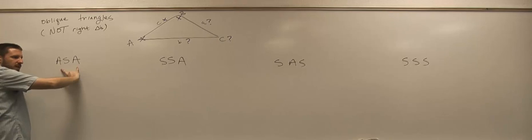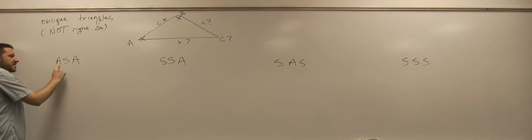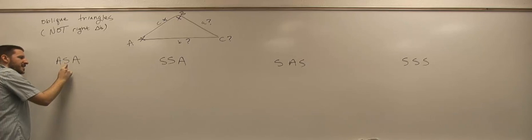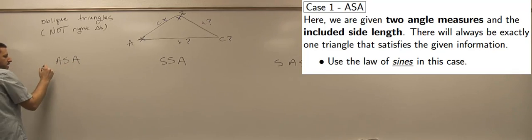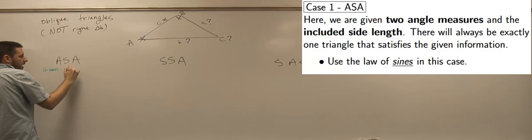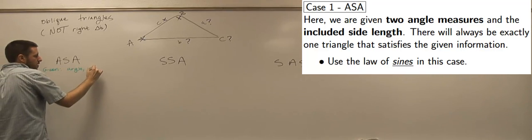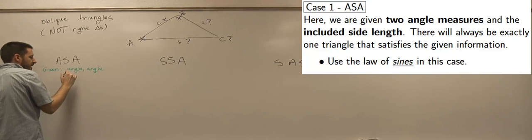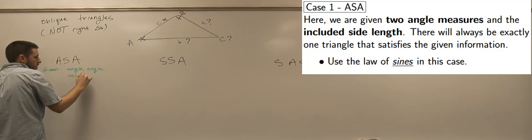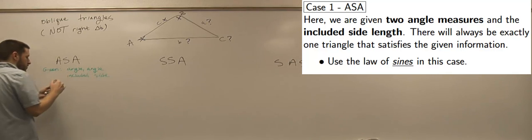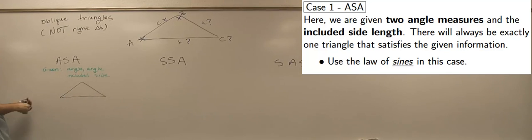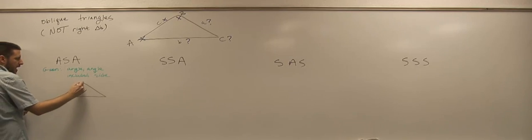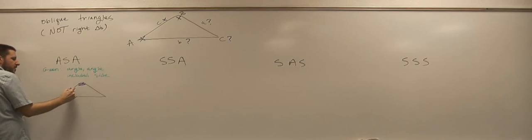So what this means, there's kind of a method to this madness. The fact that the S is in between the 2 A's means that you've been given two angles and the included side. So something like, in this triangle you've been given an angle, and the included side.